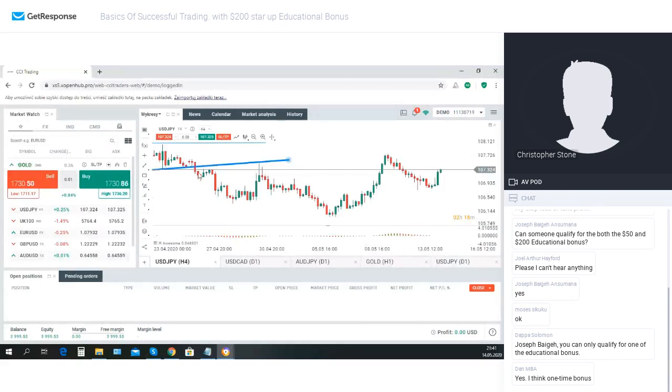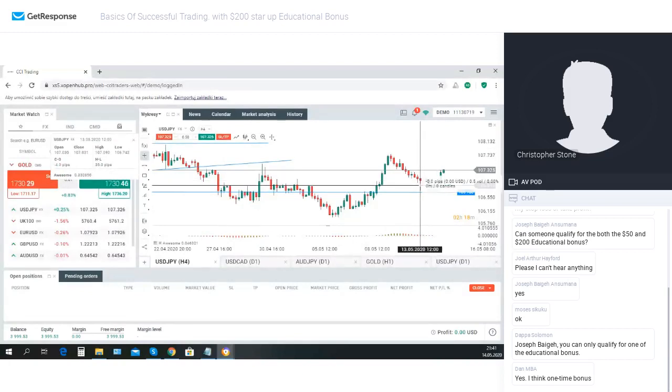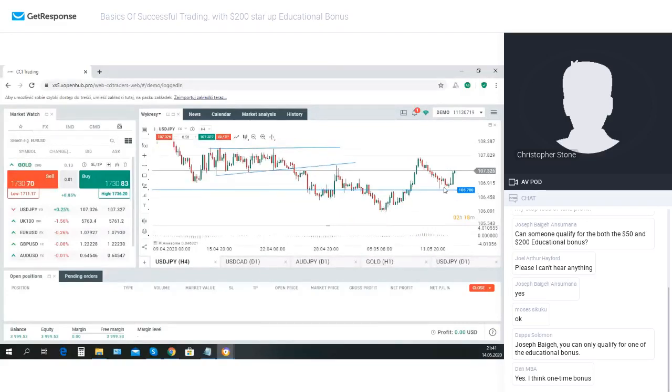For example, if we want to set the stop loss beyond this minimum, we saw this is the minimum we had on the 13th of May, yesterday. We are saying, okay, there is a very low probability that the price will go lower than this point, 106.70.